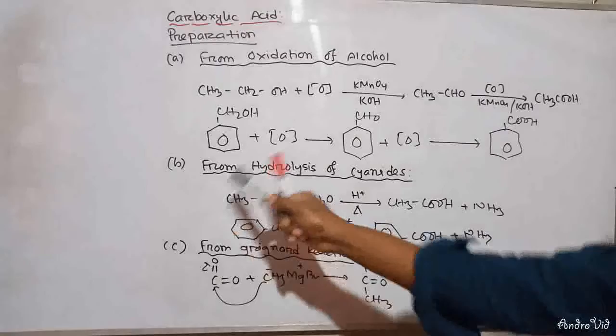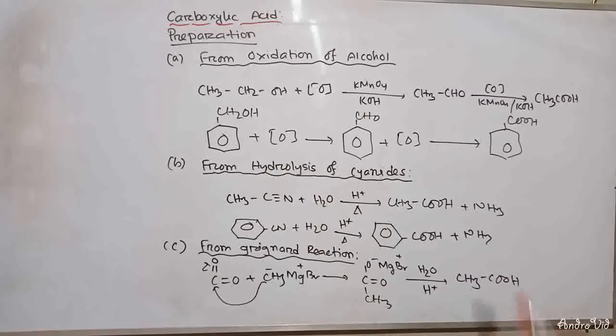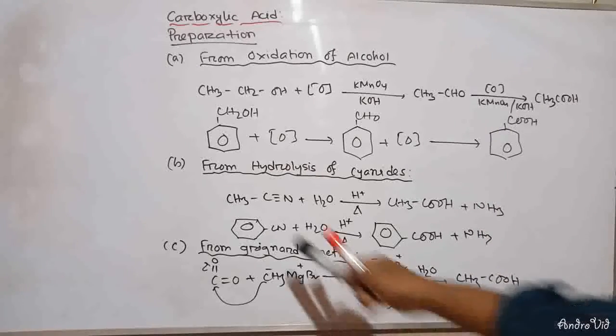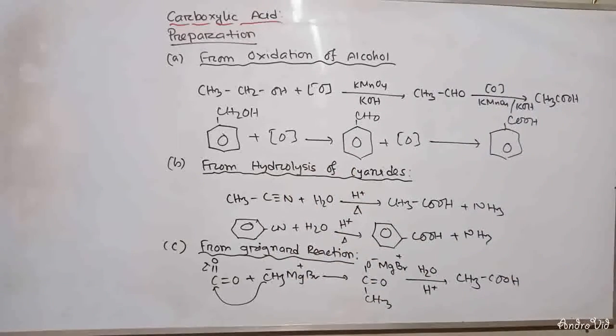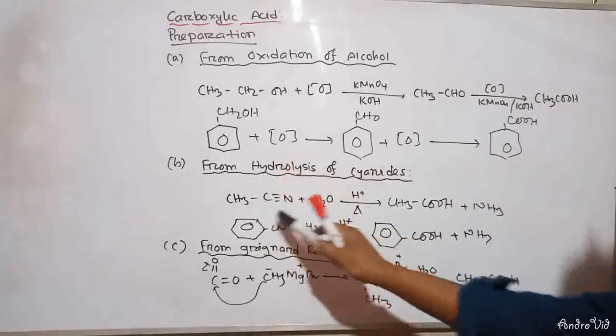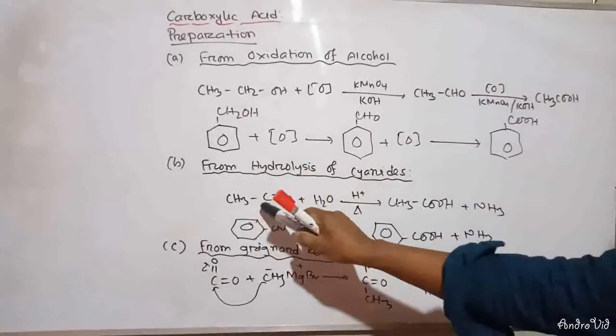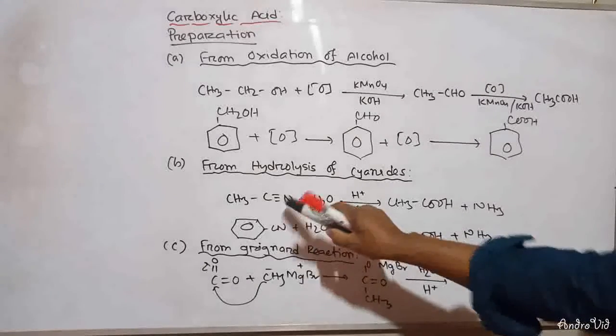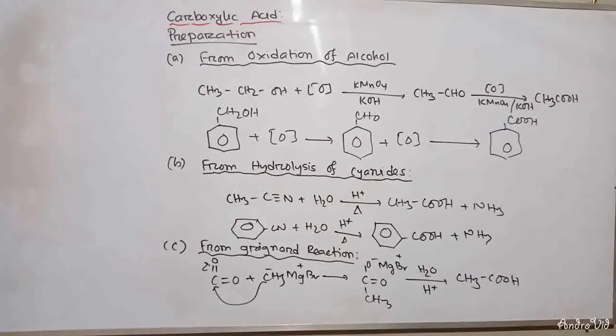Now the second process, you can also prepare acid from the hydrolysis of cyanide. So this is methyl cyanide. If you hydrolyze the methyl cyanide in presence of a slight amount of acid or base, then this cyanide portion, this C will be converted to COOH, and this N will be converted to NH3.